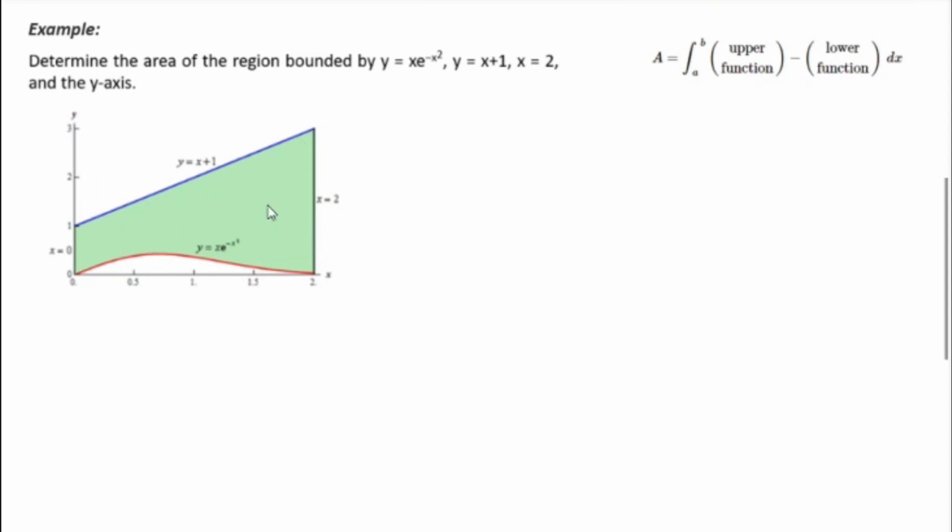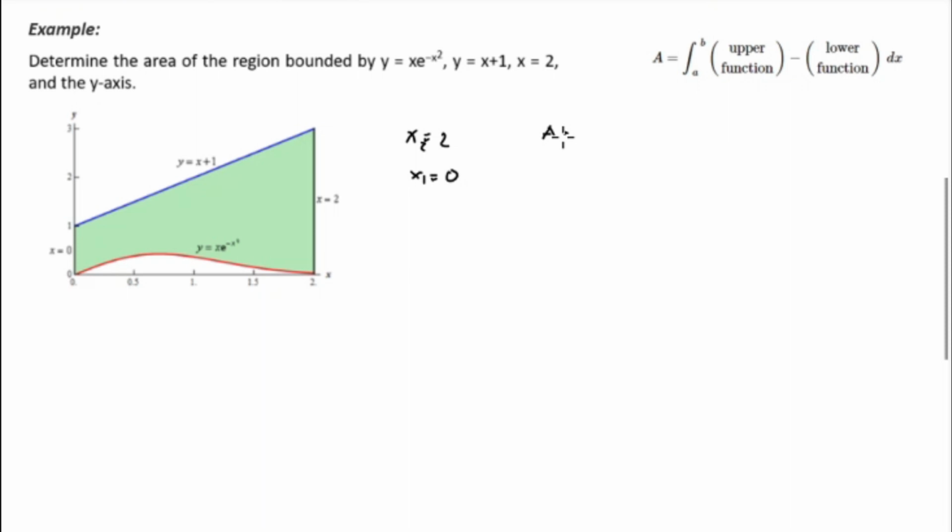The shaded portion is the area to be computed. In this case, we identify that y equals x plus 1 is the upper function, while y equals x times e to the negative x squared is the lower function. The first limit is equal to 2, and the other limit is equal to 0.